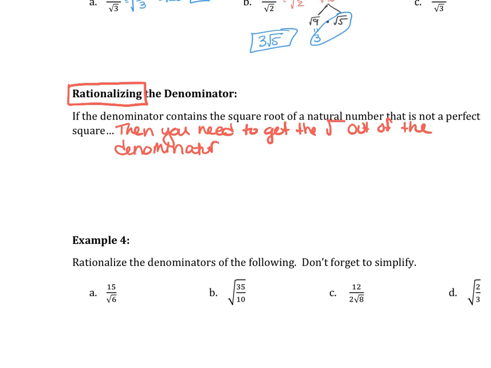And so to do that, first you can simplify as much as you can. Then you're going to take whatever that square root is that's trapped in the denominator. You're going to take that square root and you're going to multiply it in the numerator and the denominator.